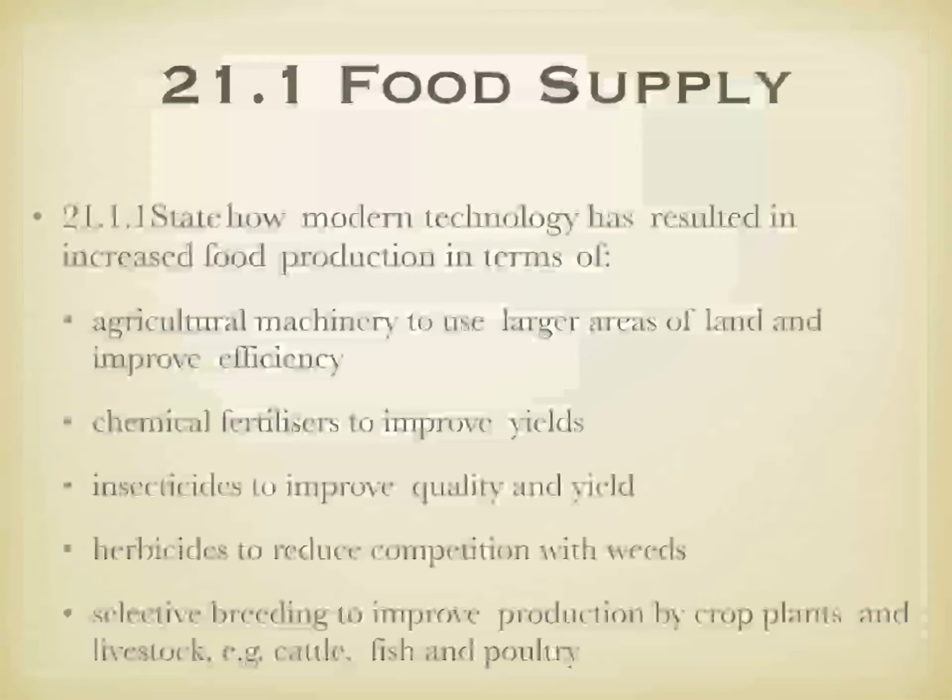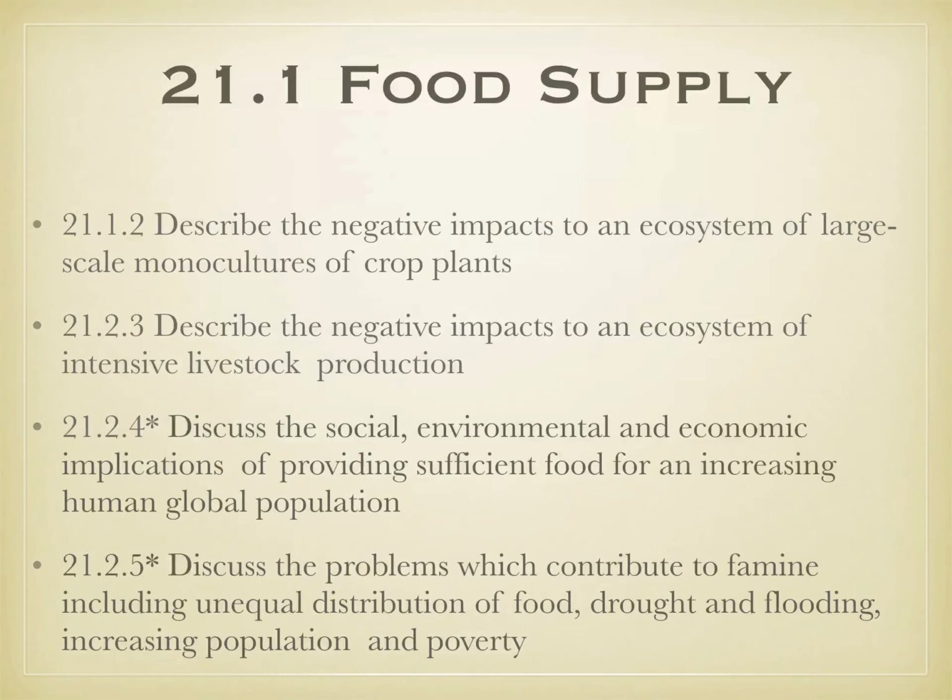You need to be able to state how modern technology has resulted in increased food production in terms of agricultural machinery to use larger areas of land and to improve efficiency, chemical fertilisers to improve yields, insecticides to improve quality and yield, herbicides to reduce competition with weeds, and selective breeding to improve production by crop plants and livestock, for example, cattle, fish, poultry, and so on.